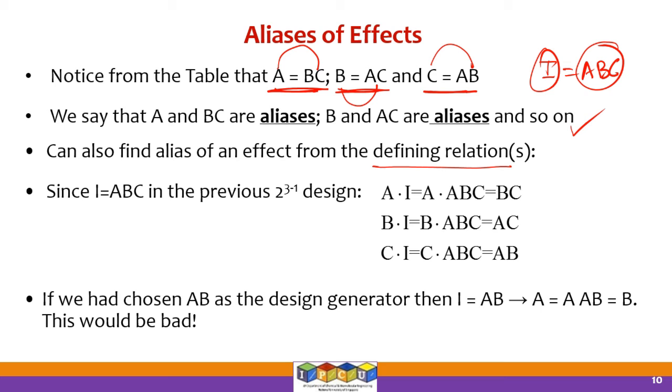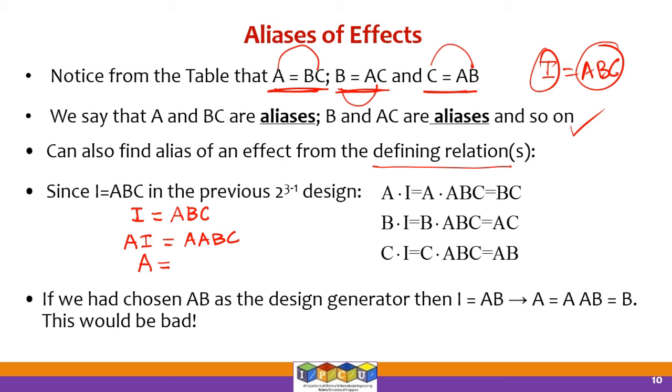In this particular case, we have the defining relation I is equal to ABC. If I multiply both sides by A, A times I is A times BC. I'm pre-multiplying both sides by A; I can also post-multiply, it doesn't matter. A times I is like A times 1, so it is A, equal to A times ABC, which is A squared times BC.